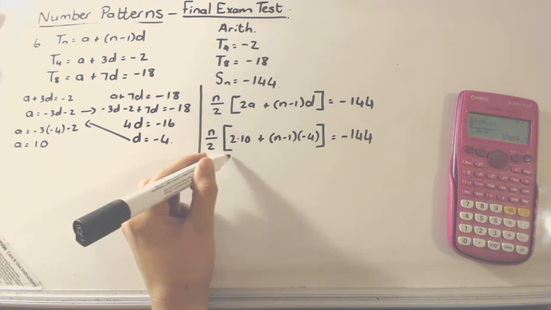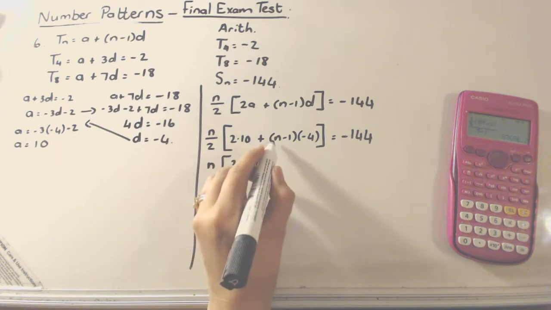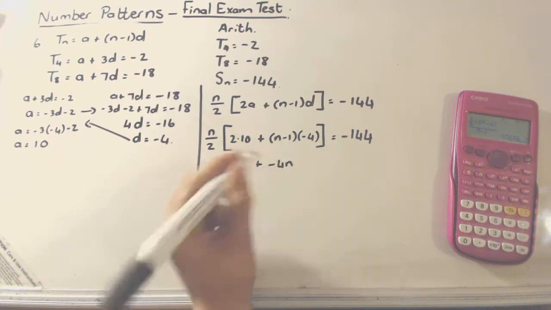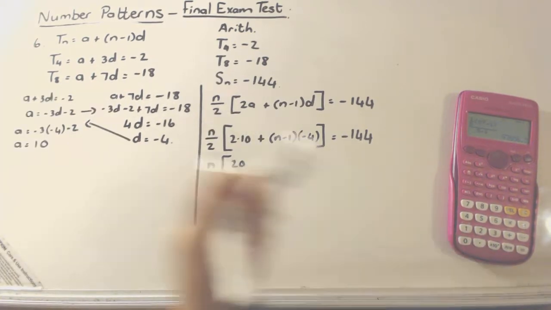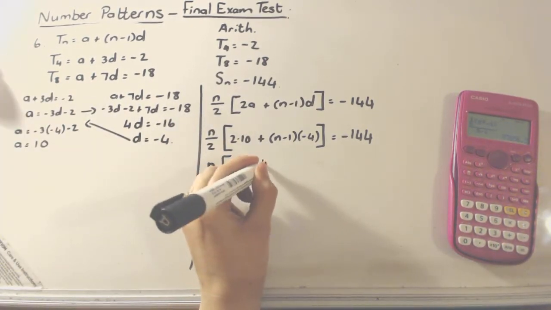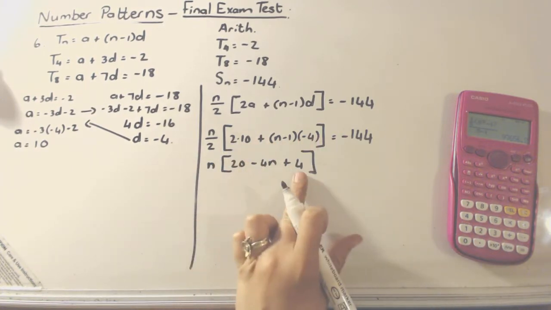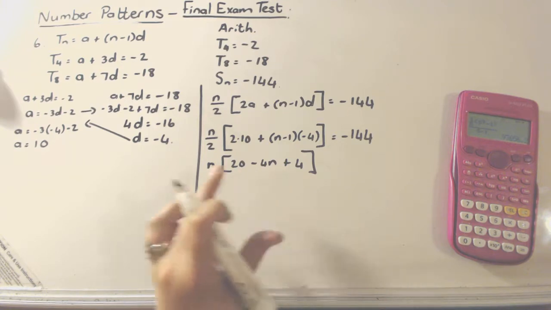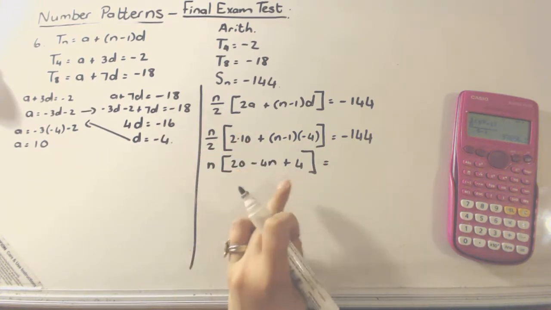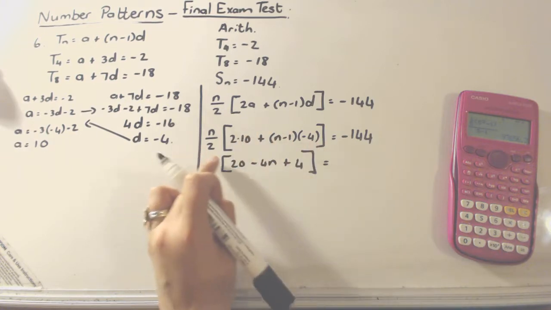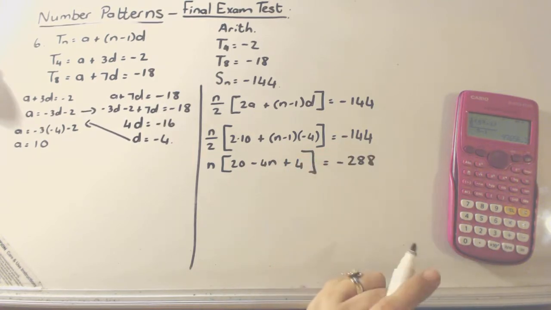So I've got n, 20 plus negative 4n, plus 4 like that. I really just multiplied this out. I didn't change anything here. And here, because this is one term with the brackets, it stays the same, just that I multiply it with 2. And this I multiply with 2 then.